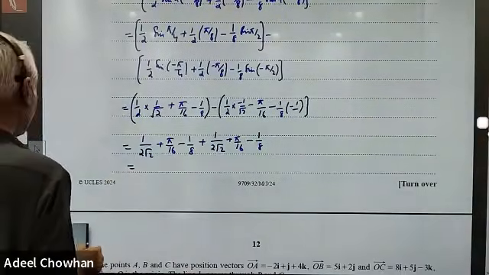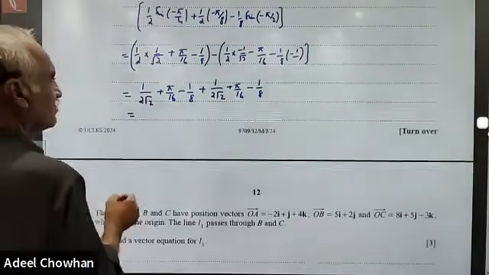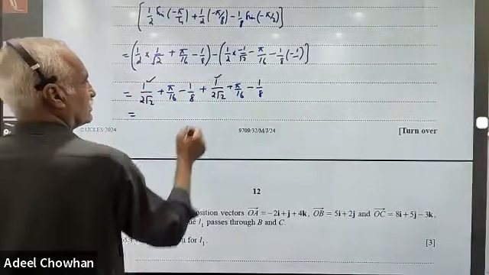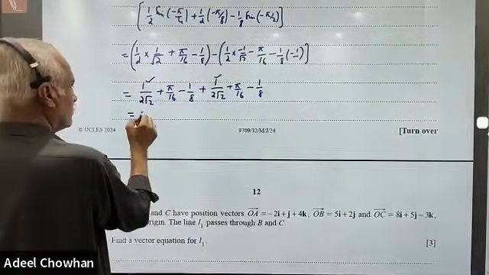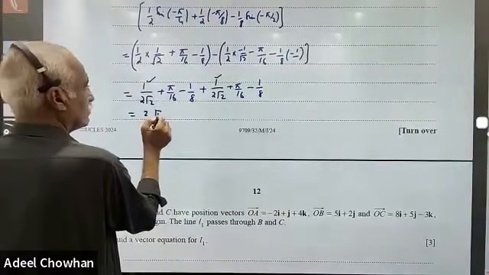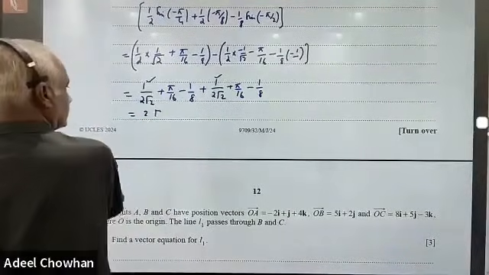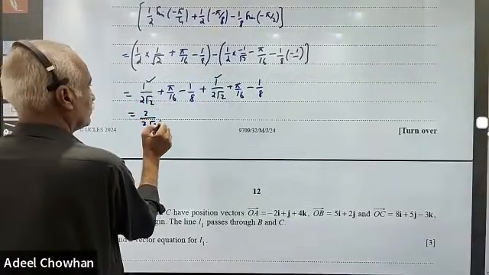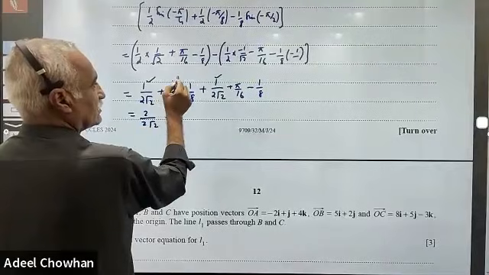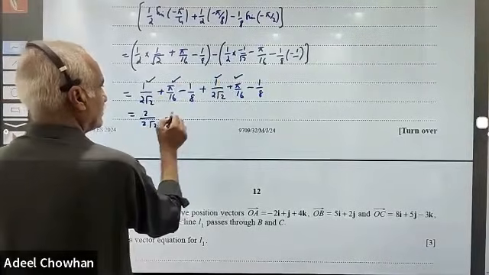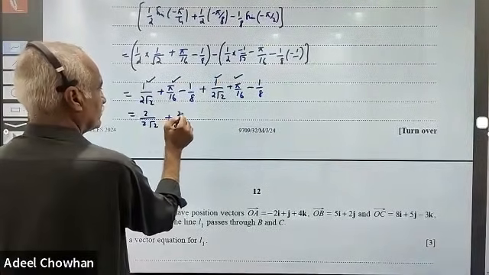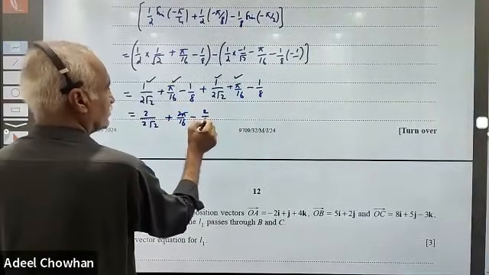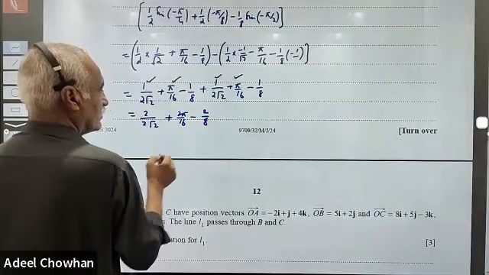So our final answer is this plus this. So 1 plus 1, 2 over 2 root 2, pi by 16 and this pi by 16, 2 pi by 16, minus 1 over 8 minus 1 over 8, 2 over 8.